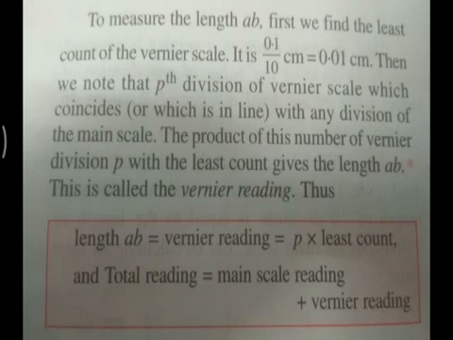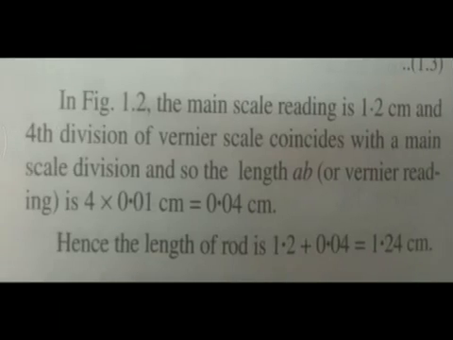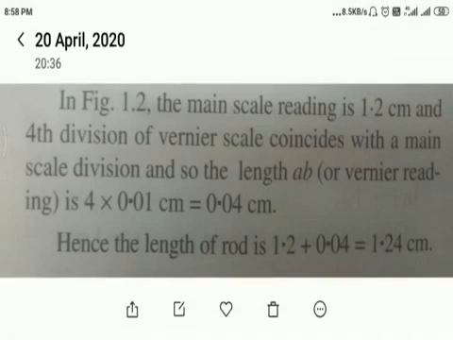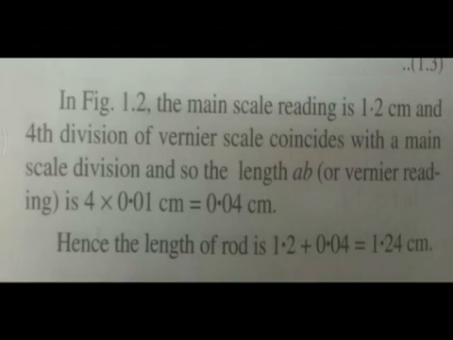It is P into least count, where P is the coinciding division. The coinciding division was 4, and least count is 0.01. So it will be 1.2 plus 4 into 0.01, which is 0.04. So the total will be 1.2 plus 0.04, and hence it will become 1.24 centimeter.